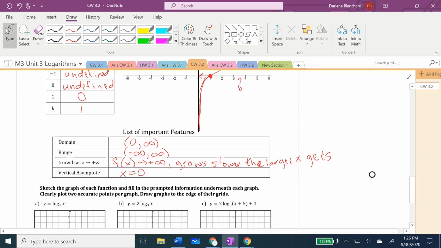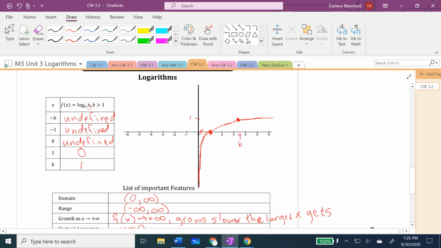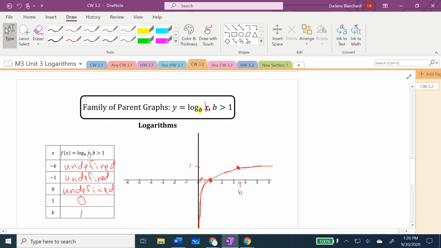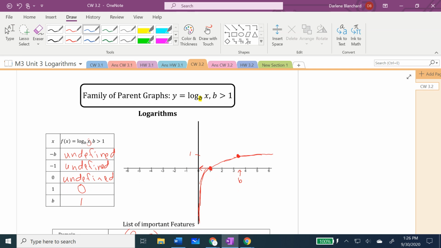Okay, B, I put it between 3 and 4, not for any particular reason. We're working with B being any number that's greater than 1. So I could have put B anywhere along here. What I want to get you to see is that while every single logarithm has this x-intercept to plot, you can plot a second point to distinguish it from other log graphs.